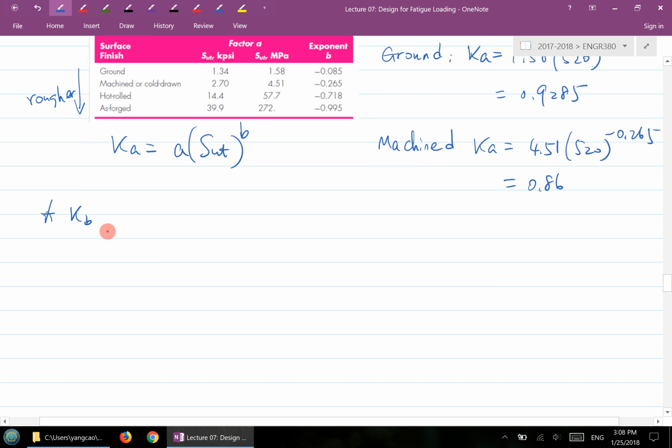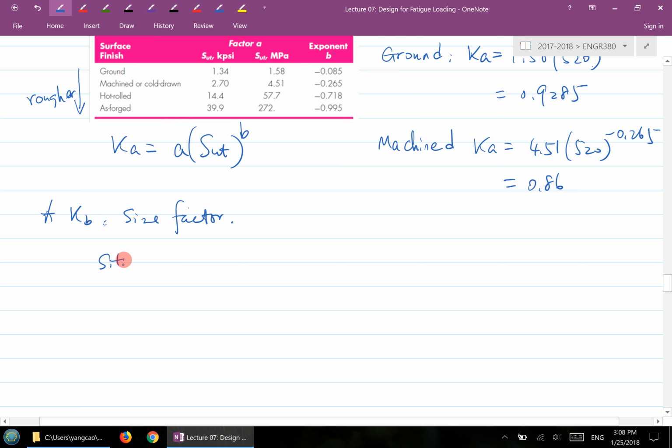The second one is called the size factor, Kb. This is maybe the most difficult type of factor to determine here, so I'll categorize this into different situations.